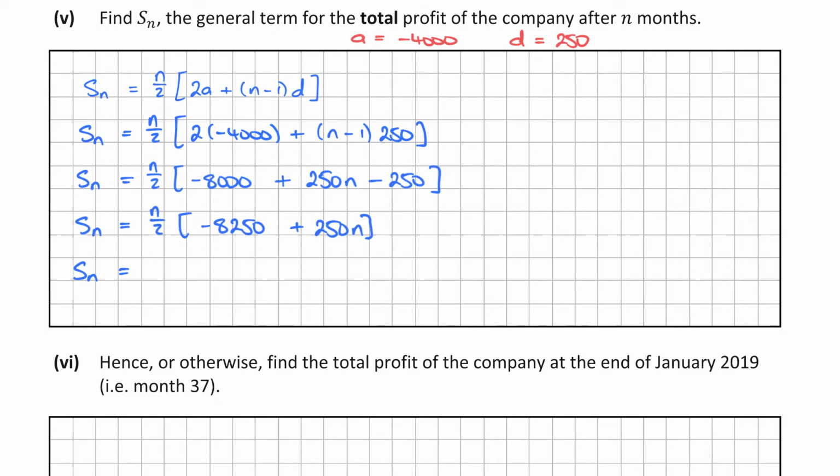So I'd be multiplying n by everything inside here, and then dividing all of that by 2. So minus 8,250n plus 250n squared, and that's all being divided by 2.